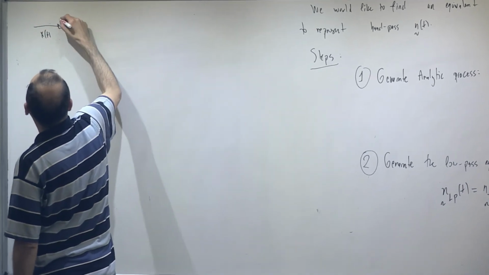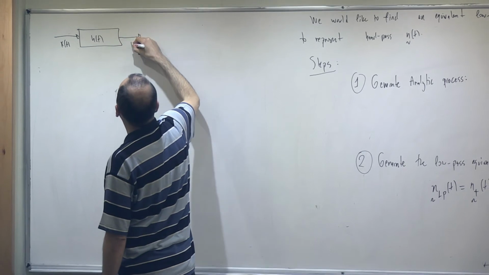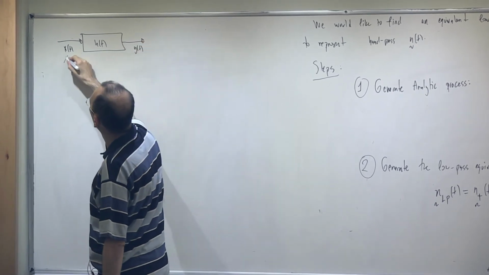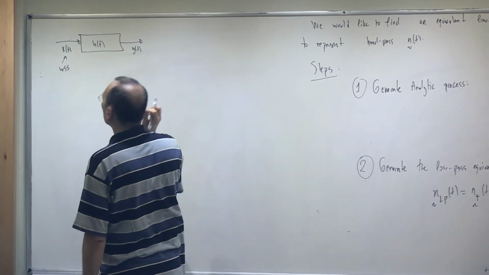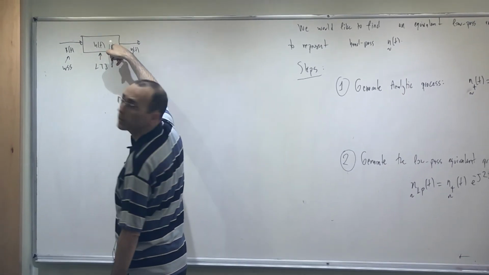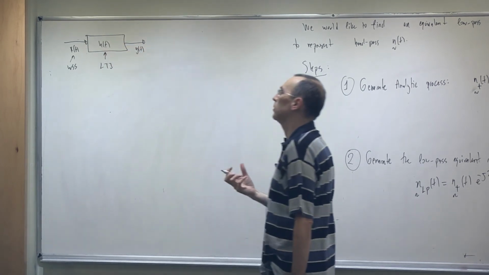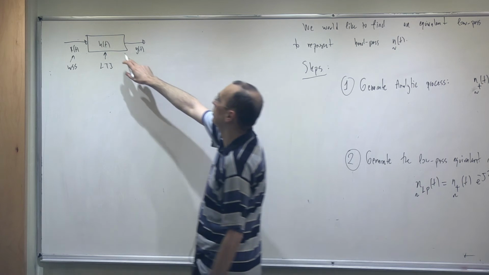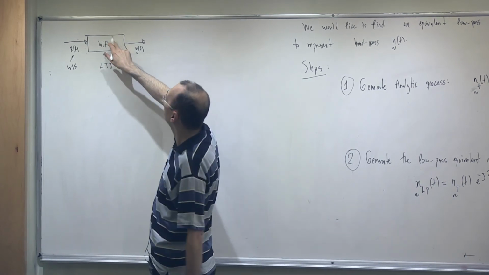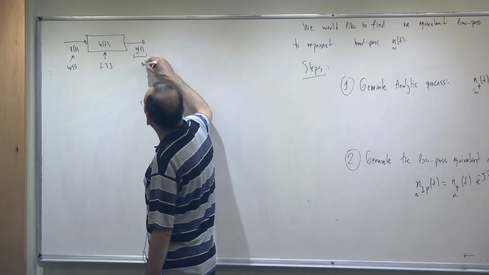If I have x of t, h of t, y of t, where x is wide sense stationary, then the system is LTI, obviously. If I write anything like this, this is the impulse response, that means the impulse response of an LTI system. Otherwise, the impulse response is not even well defined. Well, this is the output.